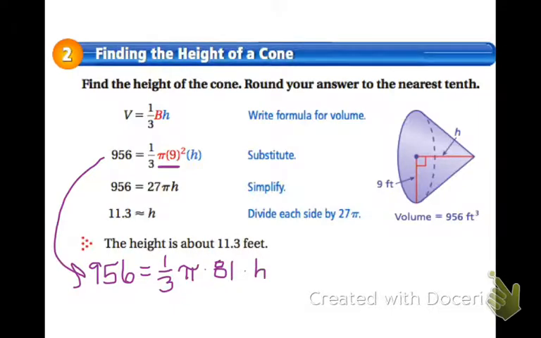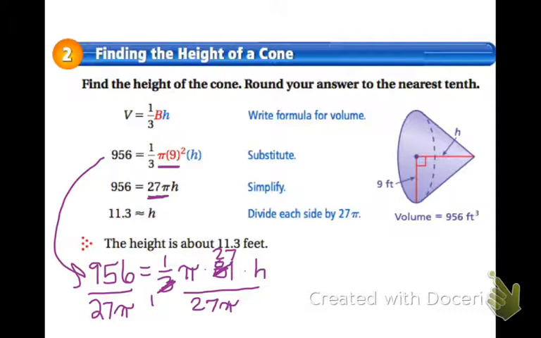When you take 81 and divide by 3, you get 27. So that's where they went ahead and simplified right here to get this 27 pi. And then again, remember, you're going to be dividing both sides by 27 pi, just like you did when you found the height of a cylinder.